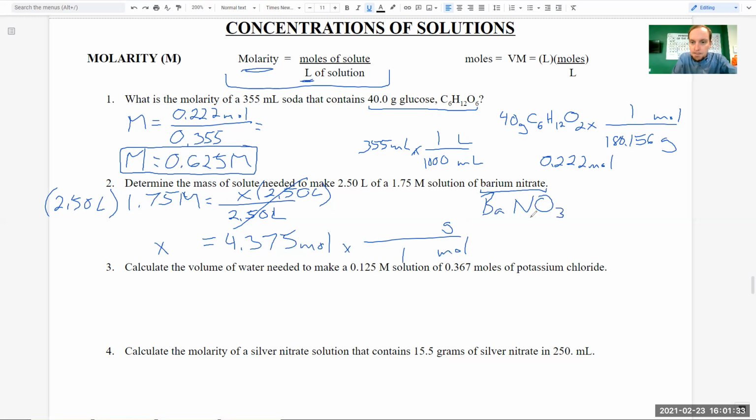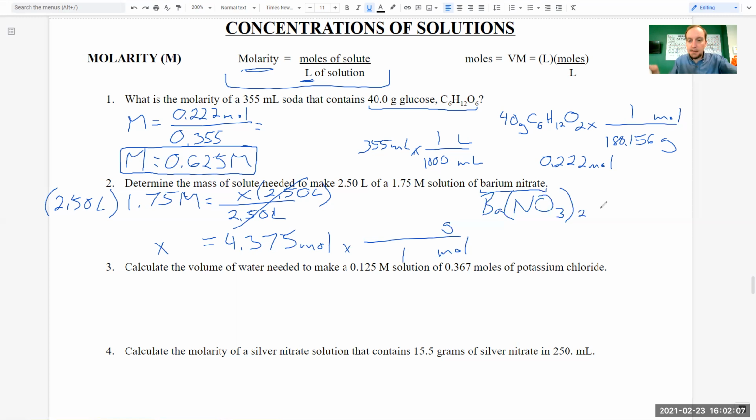The formula is Ba(NO3)2, and nitrate, of course, has a charge of 1. So now I need to find the mass of barium nitrate. So this is going to be fun. So the mass of barium is 137.328 plus the mass of 2 nitrogens, 14.007 times 2. I'm going to add the mass of oxygen times 6.